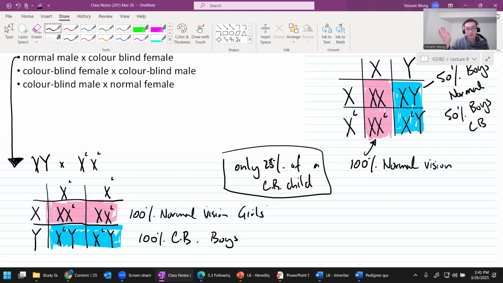Think about that. How do you have a boy? What do you need to pass on as a father to make a boy? Which chromosome does the father have to pass on to make a boy? Y, that's right. And if it's an X-linked condition, you are not gonna transmit it to the sons. You understand? That's a key point to remember.